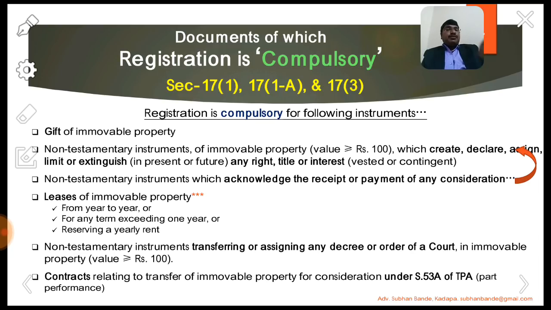Registration is compulsory for gift of immovable property. Registration is compulsory for non-testamentary instruments of immovable property whose value is more than 100 rupees. Registration is compulsory for non-testamentary instruments which acknowledge the receipt and payment of any consideration which creates, declares, assigns, limits or extinguishes any right or title or interest.